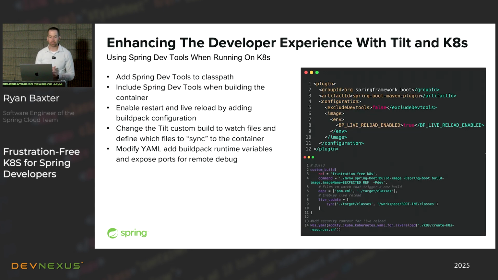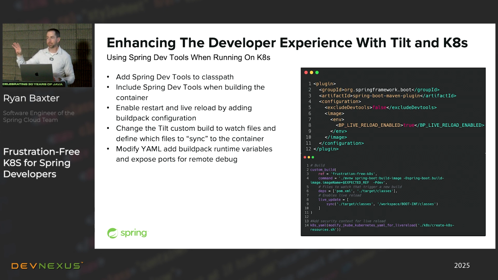So I mentioned there is a nice little developer experience that comes along with Tilt. With the functionality that Tilt provides, along with the integration of Spring DevTools, we can get this very fast feedback loop where we make a change in our application, we compile our code, and the new compiled class files automatically get uploaded to the pod running on Kubernetes.